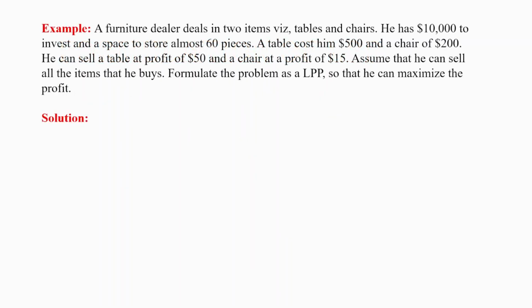In the first one, a furniture dealer deals in two items, the tables and the chairs. He has $10,000 to invest and a space to store almost 60 pieces. Whenever we are reading a problem, in the first line itself we can figure out what our x1 and x2 would be.